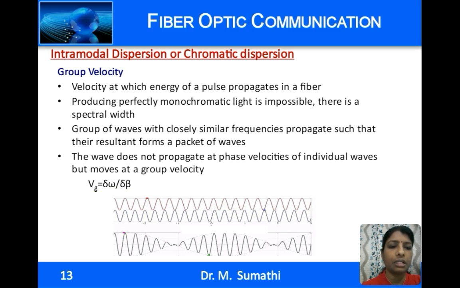As you can see in the picture, two waves of different frequency components are shown, and they travel as a packet of waves, as a group, and this group travels at a group velocity, not at the velocity of the individual waves.